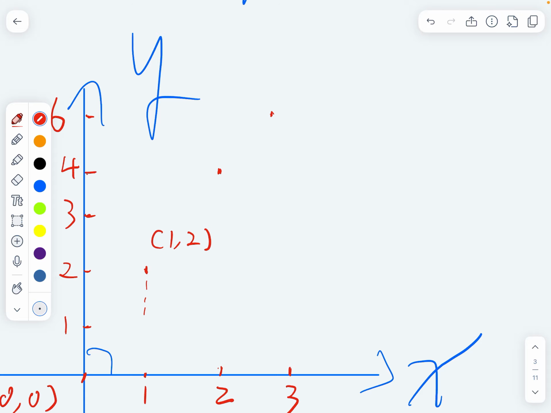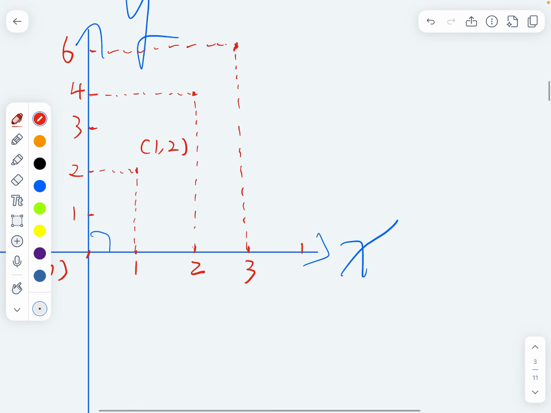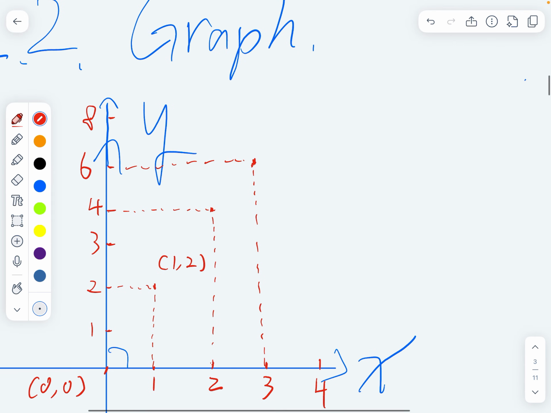Let me show this one. This is 2, 4, and there is 3, 6. And finally, there is 4, 8. The 8 is going to be here.